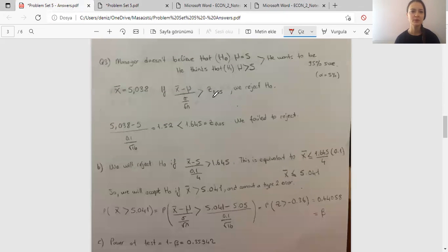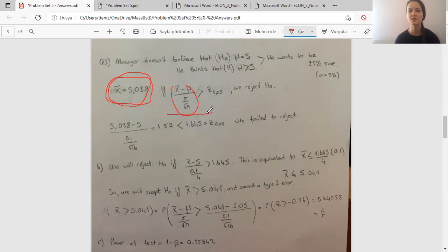So what do we do? Our x bar from the sample is 5.038, and the decision criteria here is basically when we normalize this x bar, we should have a greater value than z 0.05, okay? And the z 0.05 is something you should know by heart, it is 1.645.